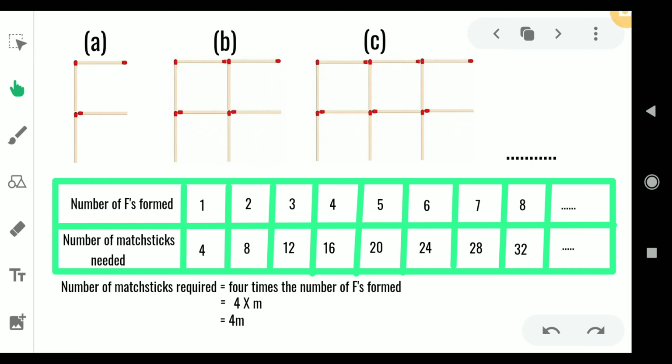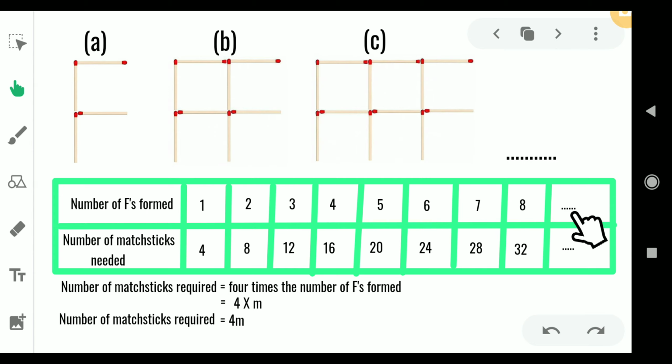And instead of writing 4 times M, we write it as 4M. Here M means it is unknown. It may be 1000, it may be 1 lakh, it may be 1 crore, but it is unknown to us. Unknown quantities or numbers are always represented by English letters. That is why M means unknown to us. We cannot guess it, right?